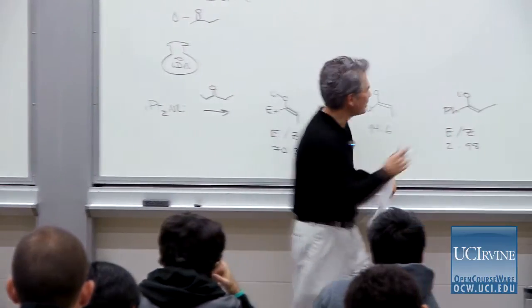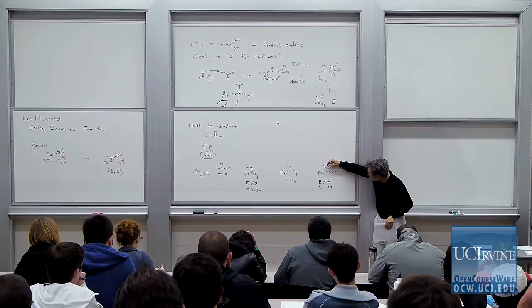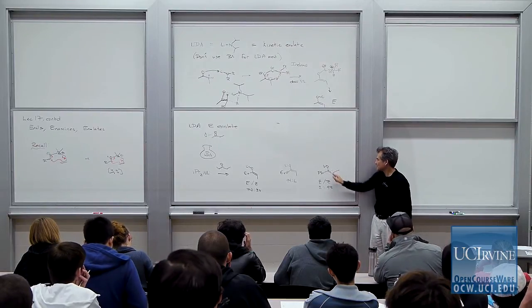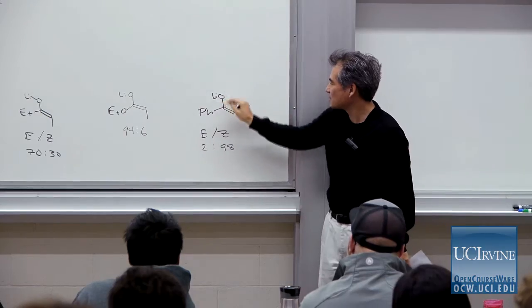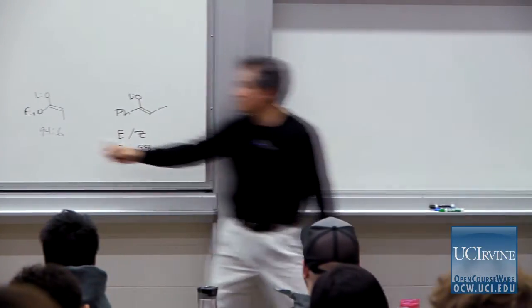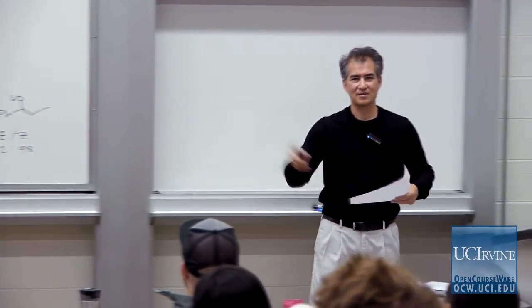And finally, we come over here to this O lithium species. I didn't draw lithium very well there. I would still call this the Z isomer here, because the higher priority group is O lithium, and the higher priority group here is methyl. But here, the higher priority group is the ethoxy group. So you have to worry about this nomenclature issue.